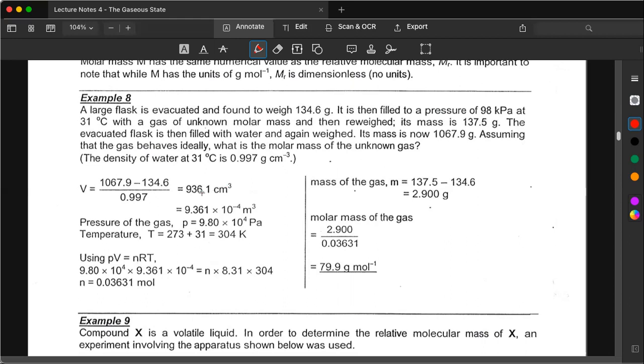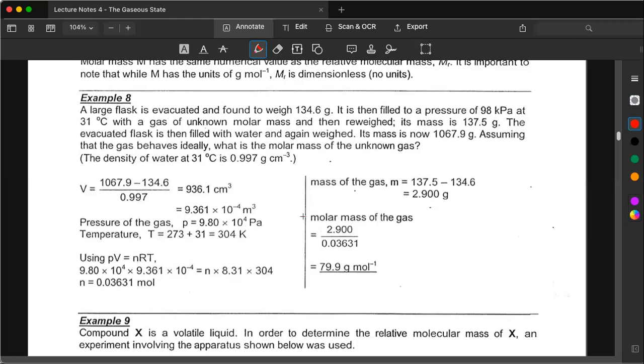Okay, but for the water just now, we use the water to help us to get the gas because the volume occupied by the water and the gas should be the same. So we are making use of the water, which occupies the same volume, to help us determine the volume of gas occupied, because we know the density of water, but we may not know the density of the gas.